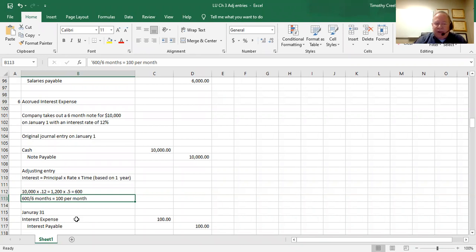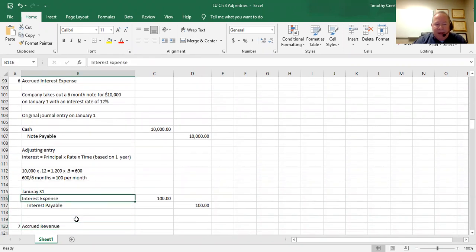So our adjusting entry as of January 31st would be a debit to interest expense for $100 and a credit to interest payable for $100. And we would make this very same entry at the end of January, February, March, April, May, June, and then we'd pay it off on July the 1st.